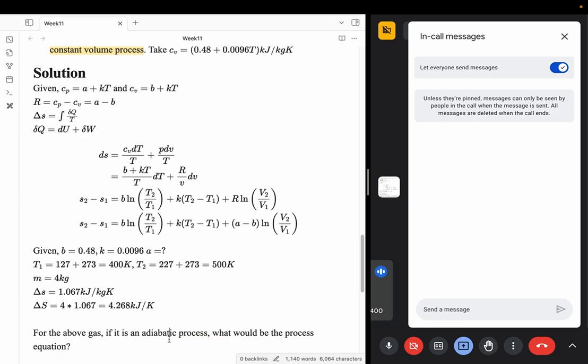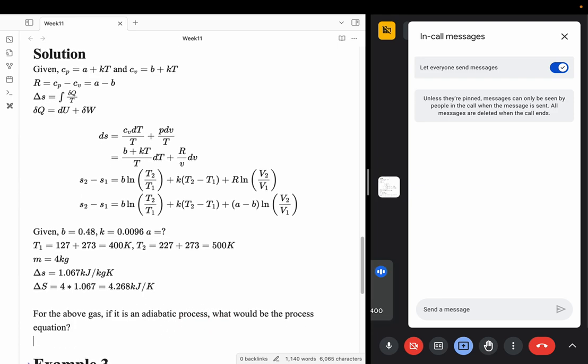So it won't be PV to the power gamma equal to constant. Previously, what we had is in terms of T and V. We usually have TV to the power gamma minus 1 equal to constant, where gamma you can write as Cp by Cv.